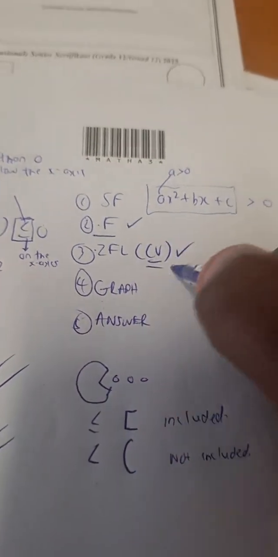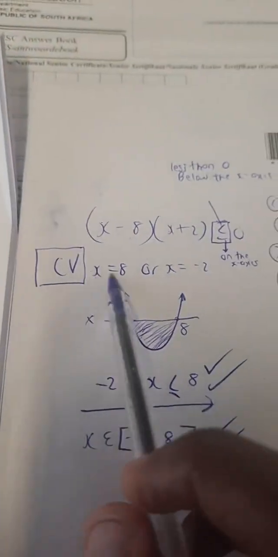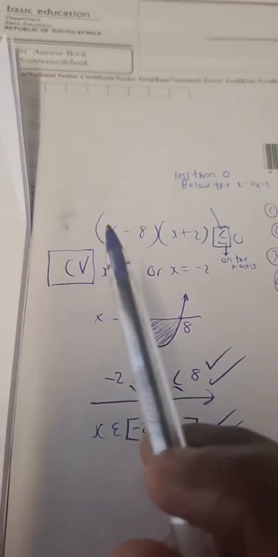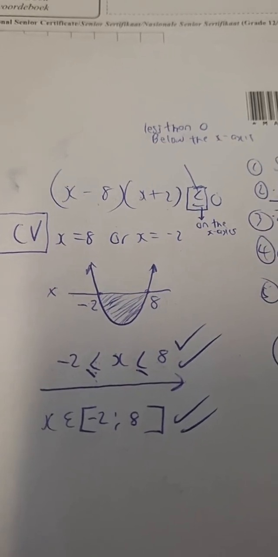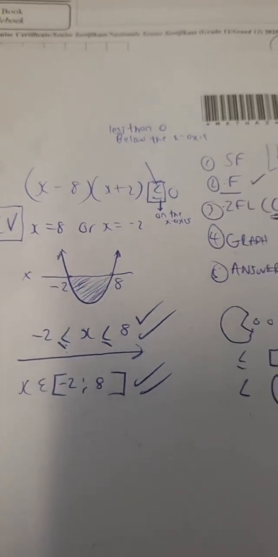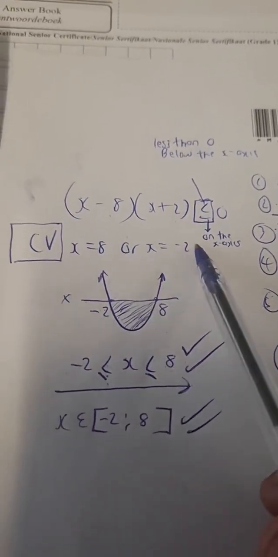This is how you get your critical values. You must write CV next to the values so that the person who's marking you knows that you are identifying the critical values. And there are 2 of these critical values and they are different.